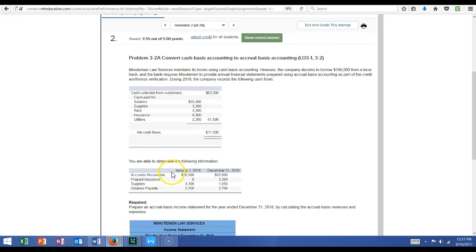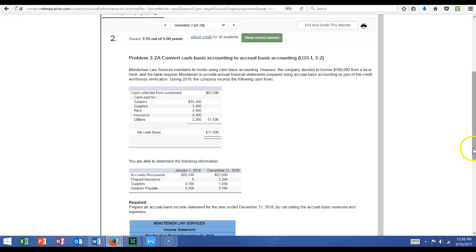And what that means is the $20,300 was revenues that were earned the previous year but they still hadn't gotten the cash on it. Well, throughout the year they did get the cash. Now at the end of this year we have what's due the company, $22,600.